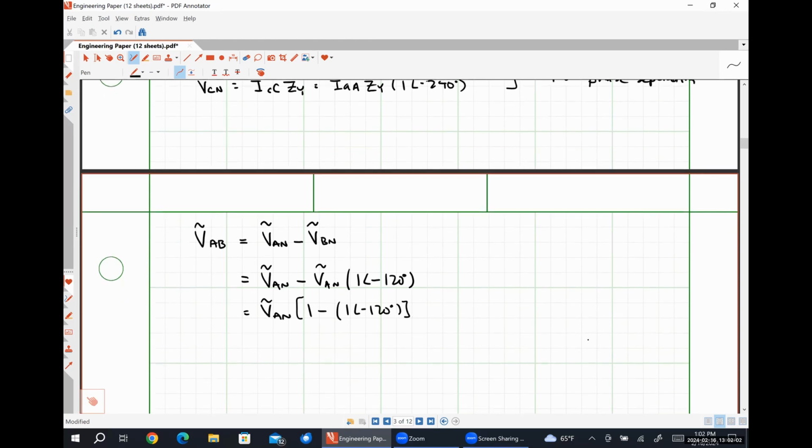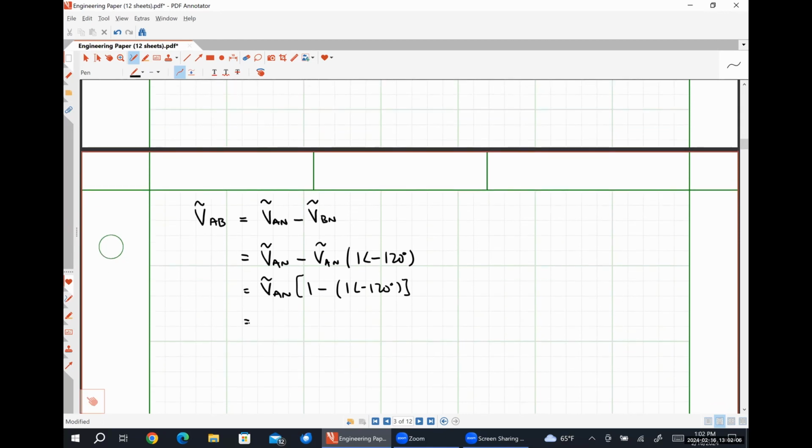Somebody tell me what 1 minus 1 angle negative 120 degrees is, please. Taking too long, it's √3 angle 30.